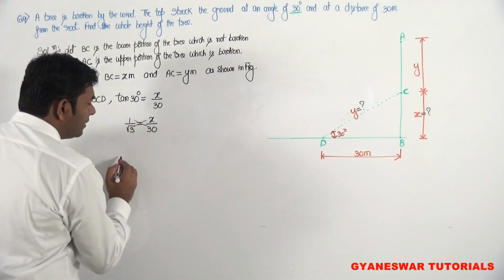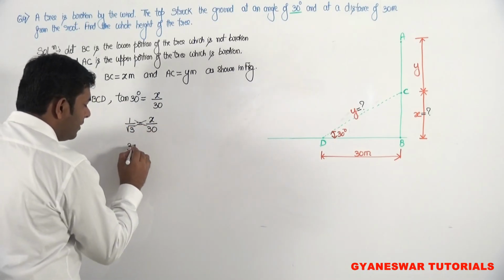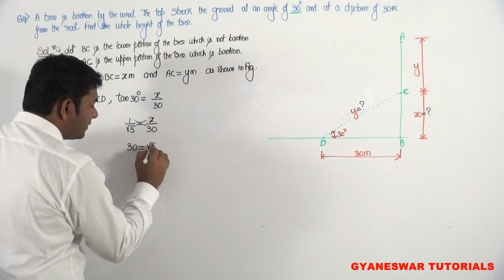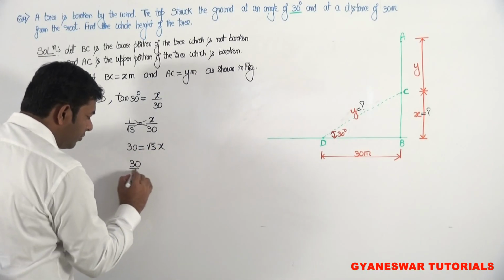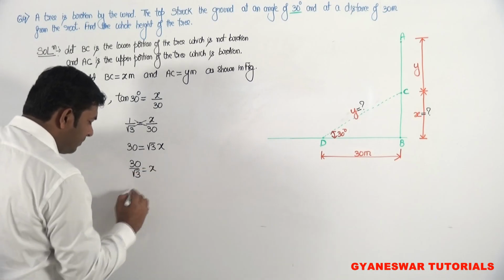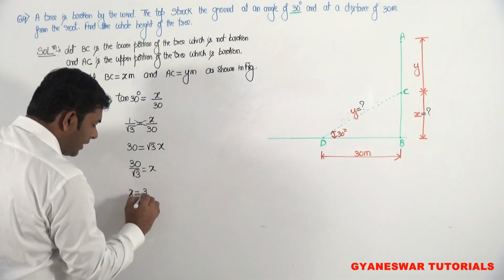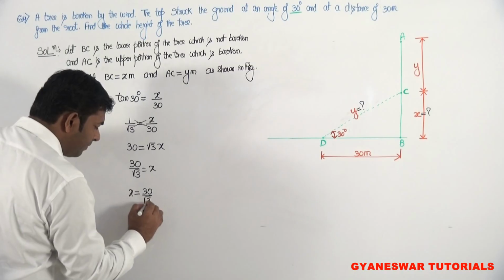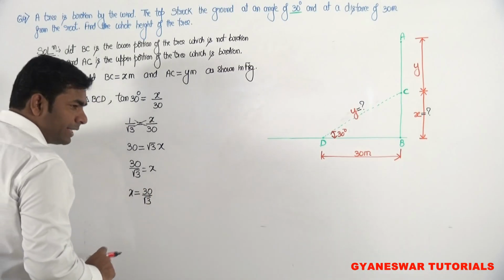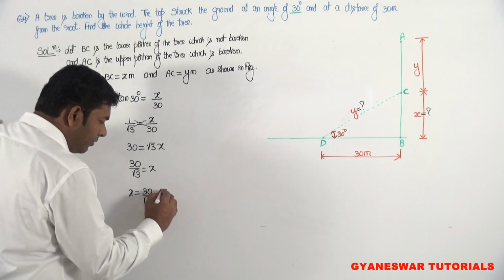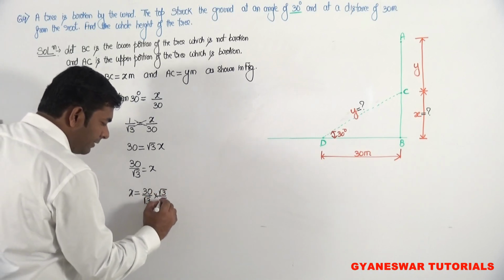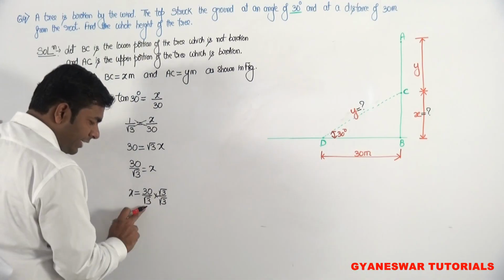Cross multiplication: what will it be? 30 is equal to root 3 x. Bring root 3 to this side: 30 by root 3 is equal to x. But generally, what do we do? We keep rational numbers in the denominator, so you multiply by root 3 and divide by root 3, rationalizing the denominator.